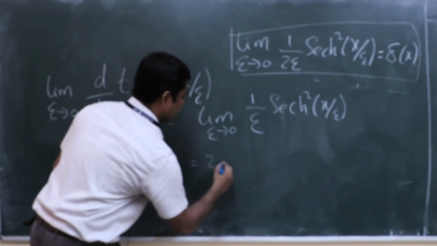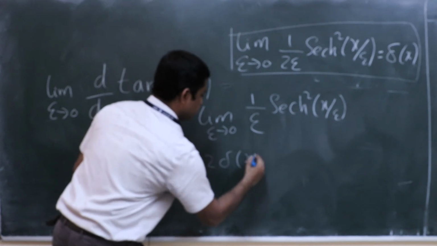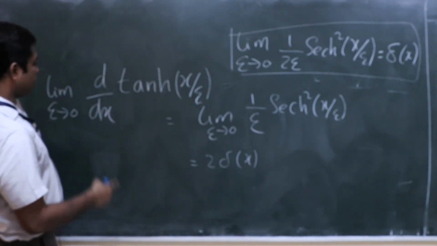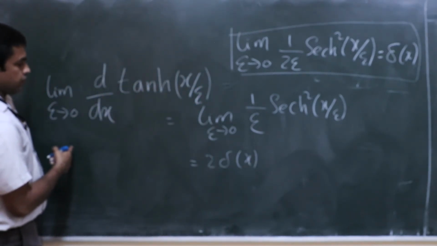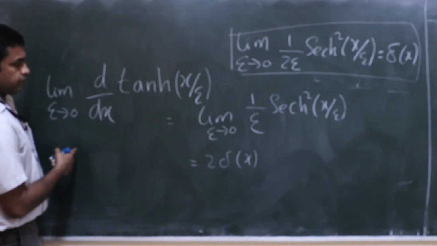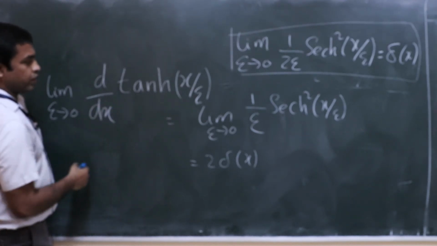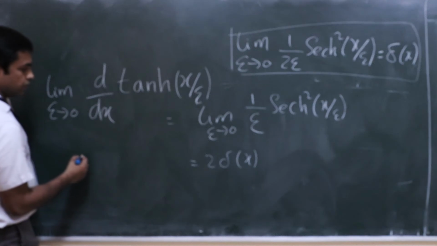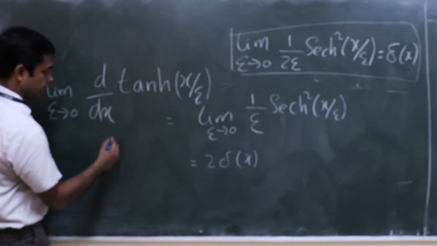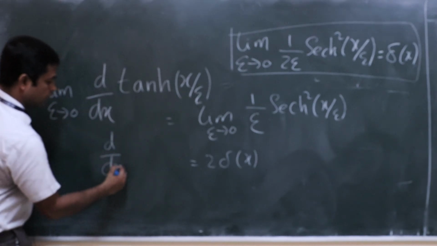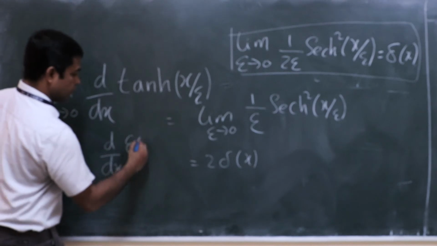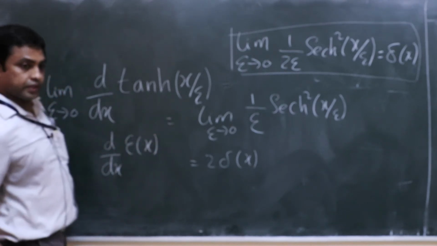I get 2 delta x. So what about the left hand side? Limit epsilon tends to 0 of d by dx of tan hyperbolic x by epsilon is d by dx of epsilon of x.